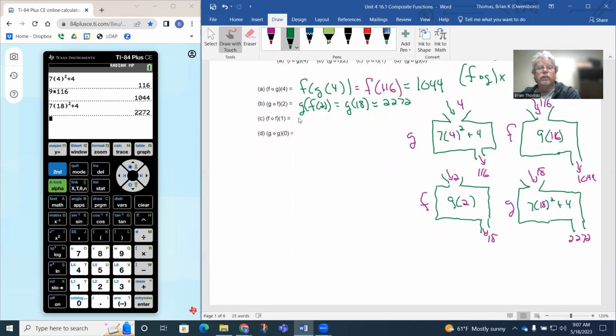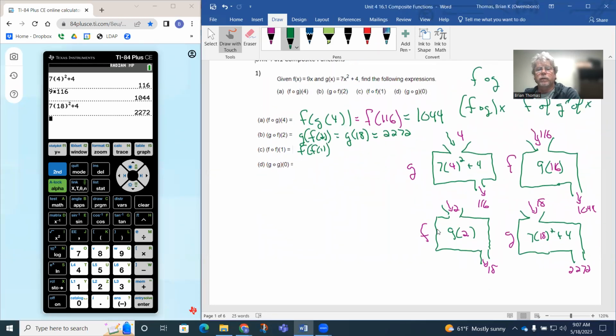The next expression we have is f of f of 1. We have to evaluate f of 1 first. Again, the f function is the linear one, 9 times x.